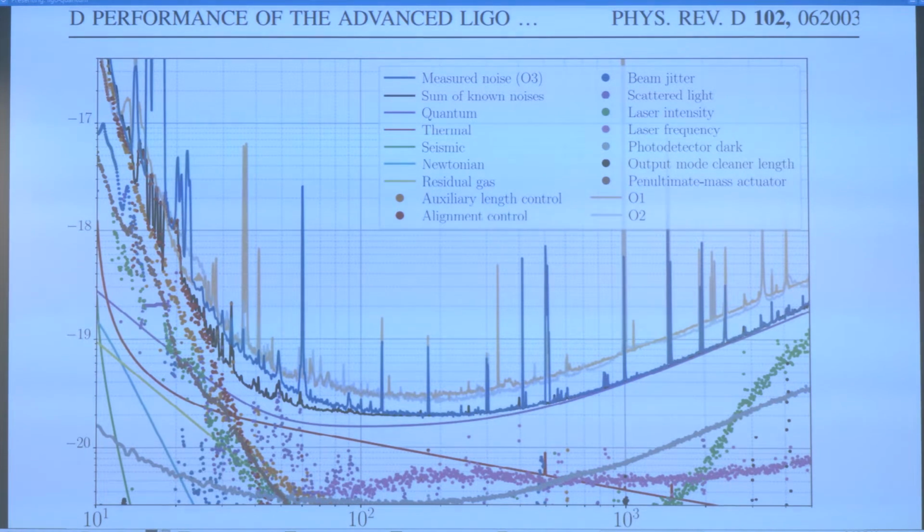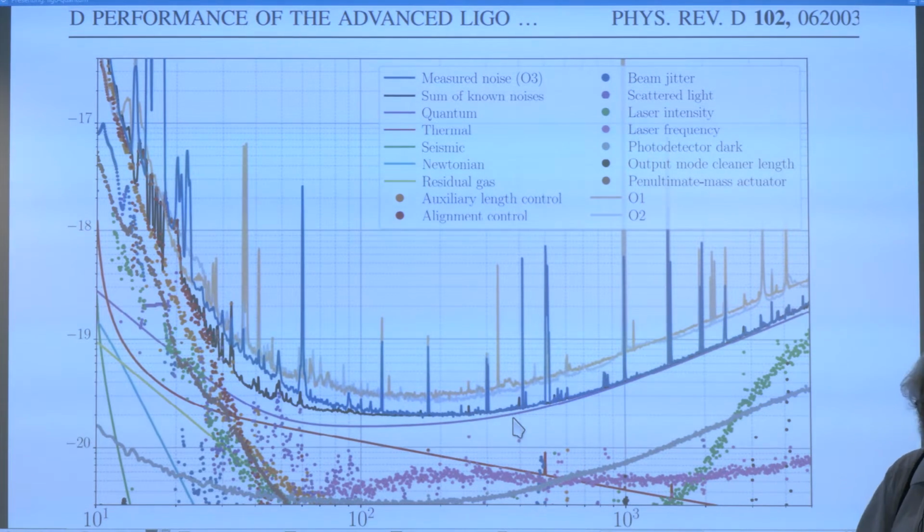And these go from about 10 to the minus 20 to 10 to the minus 17. This red curve here is due to seismic noise. Notice it falls off incredibly rapidly, and it to some extent hides this purple part of the curve. This part of the curve is due to so-called shot noise.